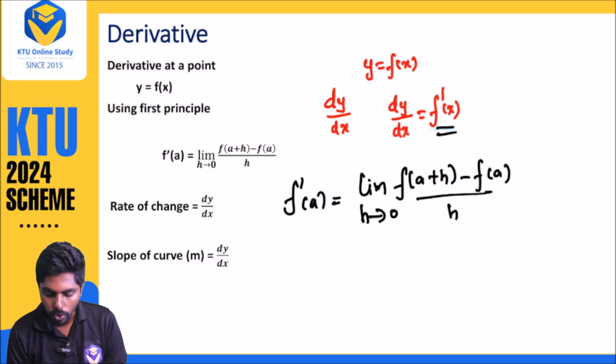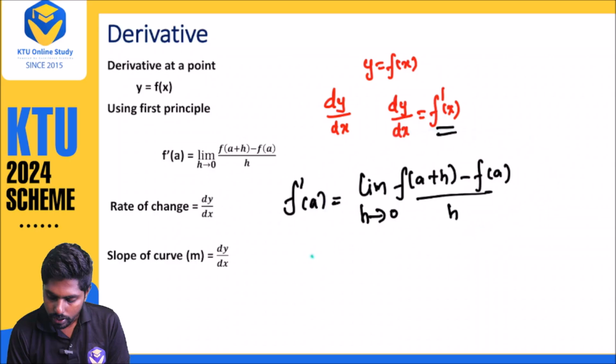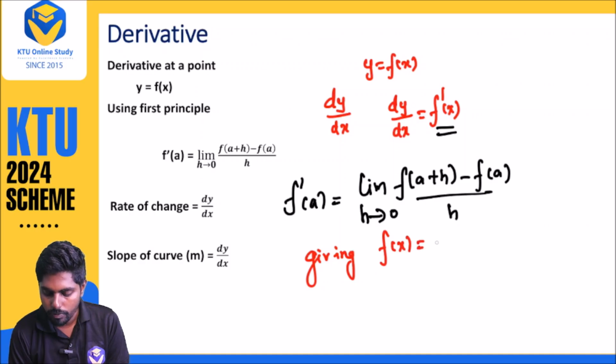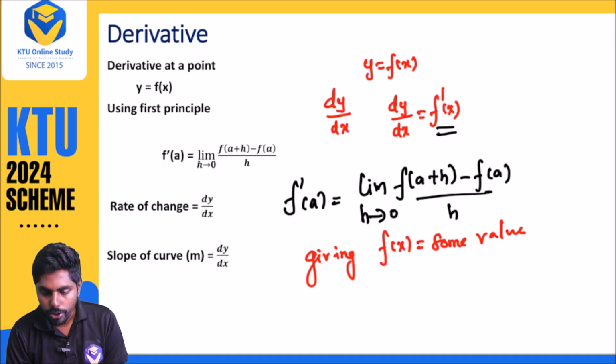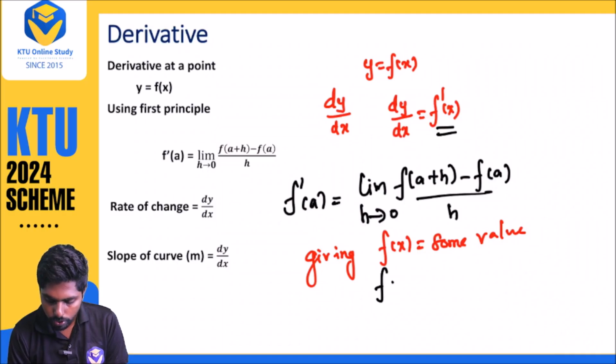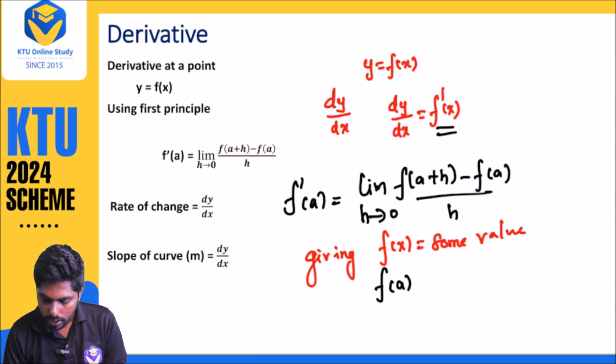They will give f of x as some value. In place of f of x you put f of a, so that part is done. Next, in place of f of x you put f of a plus h.